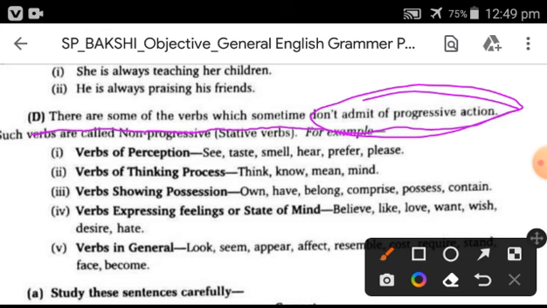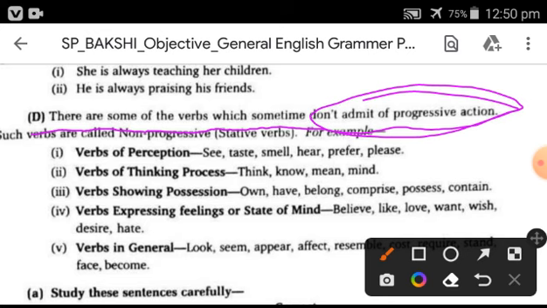But listen, in general, some examples you will see where the ing form of the verb is used, but in most cases the ing form is not applicable, or you can say is not available for these words.